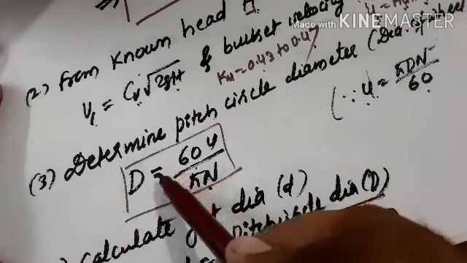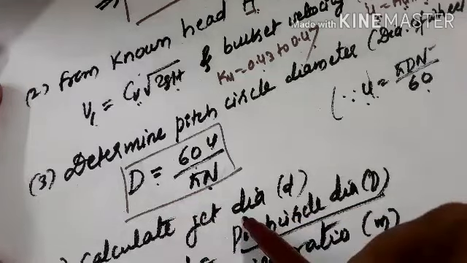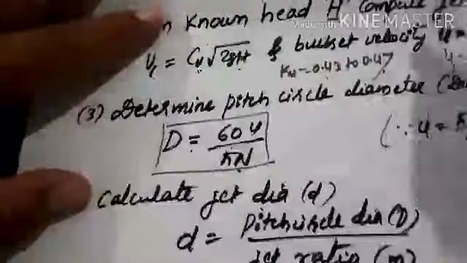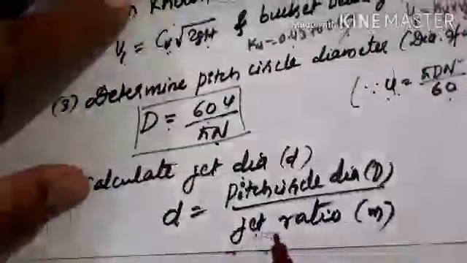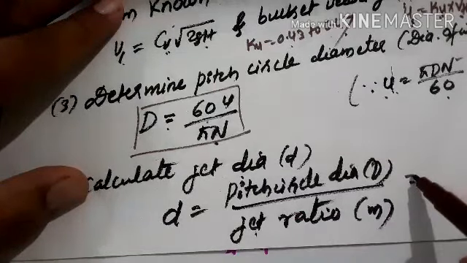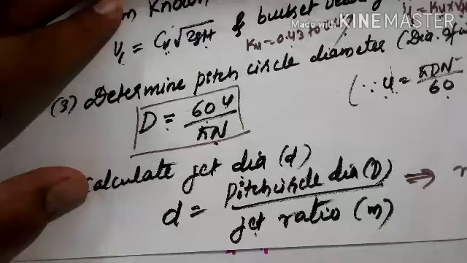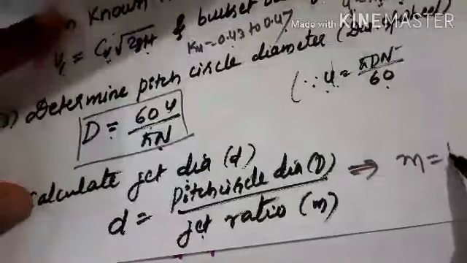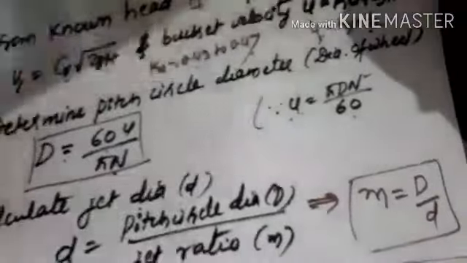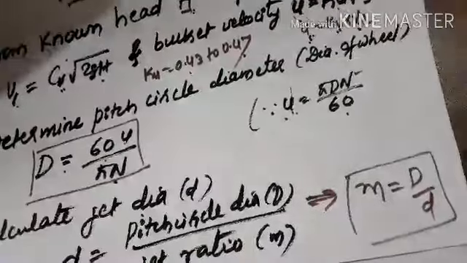Then after calculating the diameter of the wheel, calculate the diameter of the jet. The diameter of the jet is calculated using the jet ratio, which is the ratio between pitch circle diameter and jet diameter, m equal to D by d, that is the diameter of wheel divided by the diameter of jet.